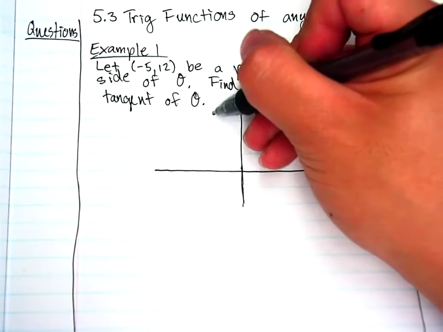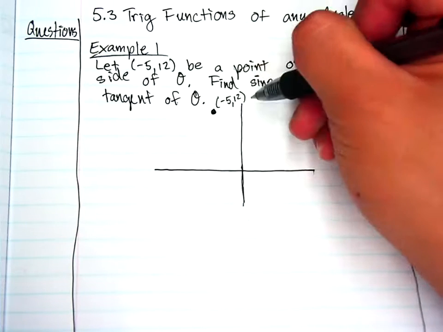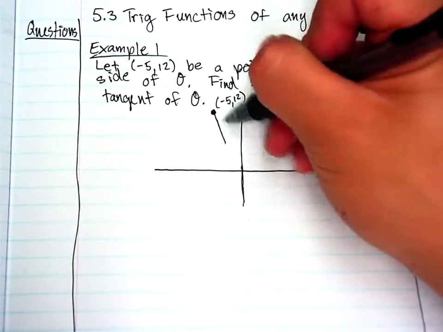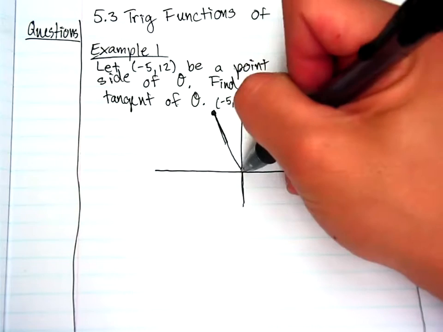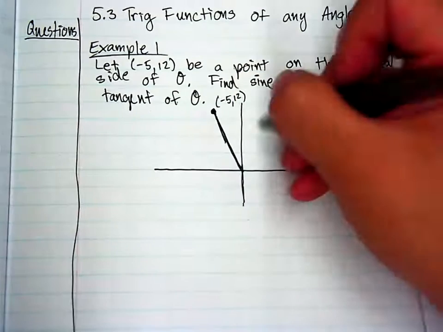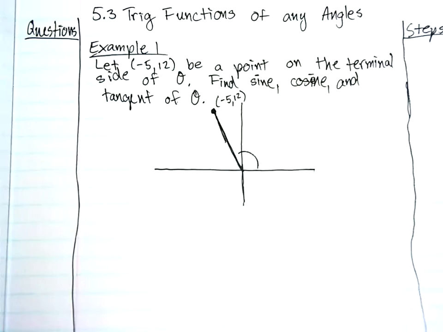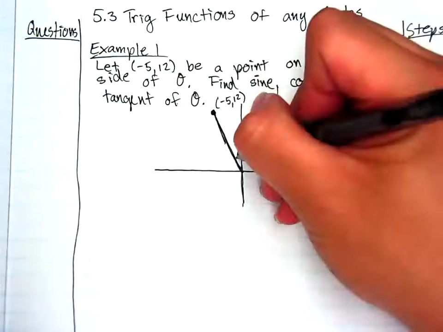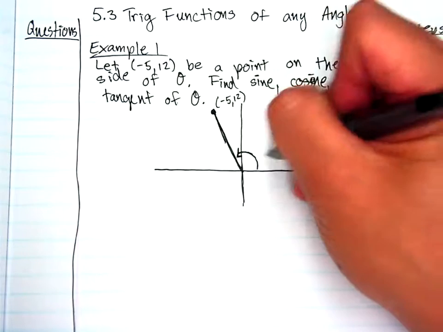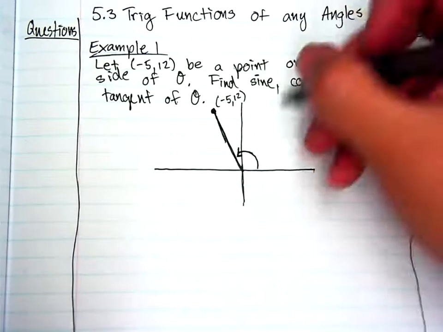So just a rough estimate, it's going to be (-5, 12), and we're starting from the origin. Okay. So theta is actually the angle starting from this initial side, going all the way to the line segment that contains the terminal point (-5, 12).